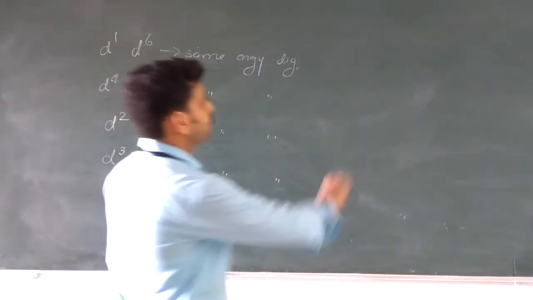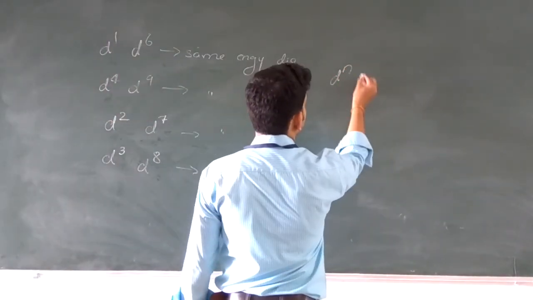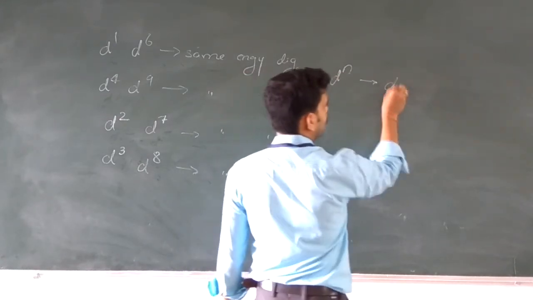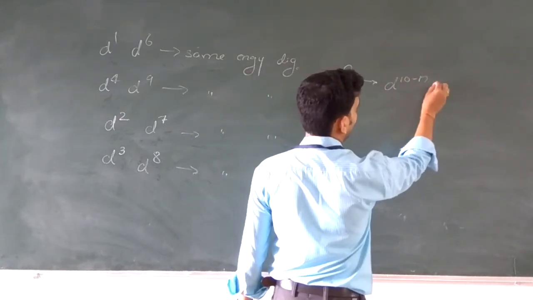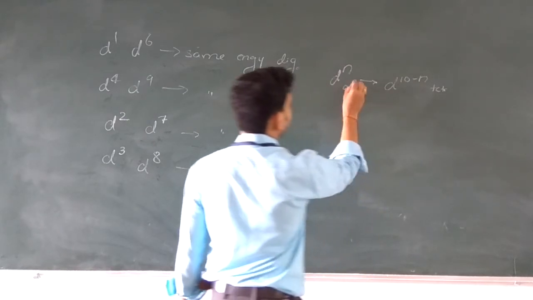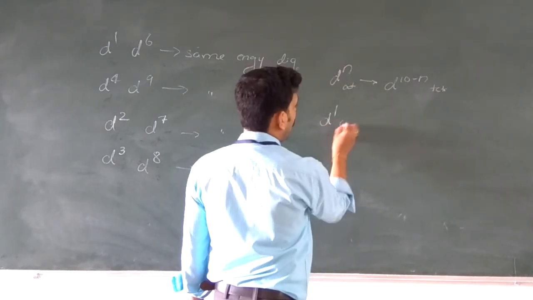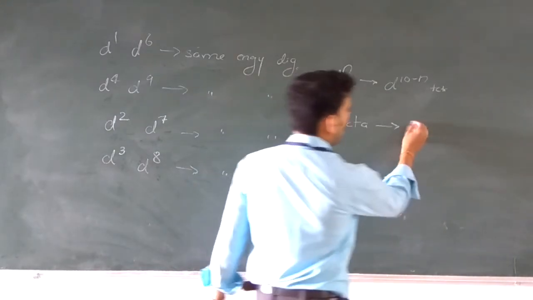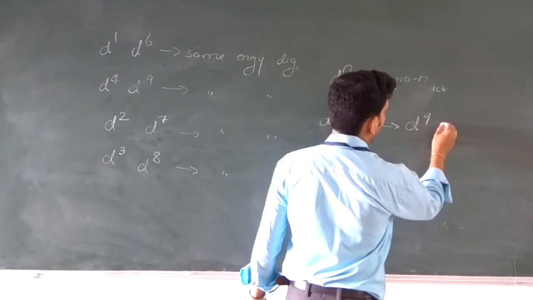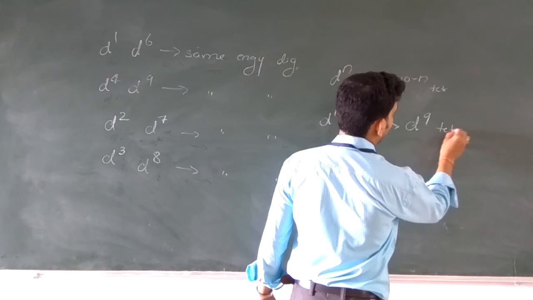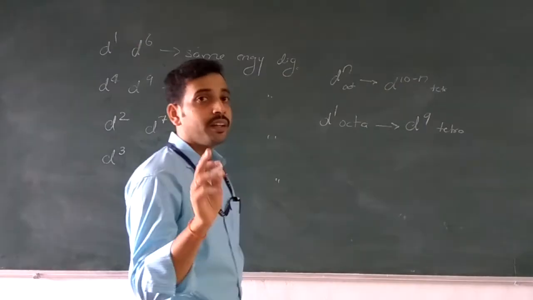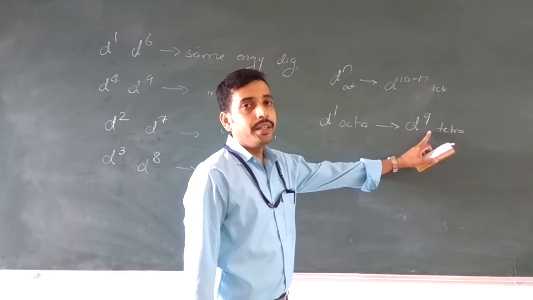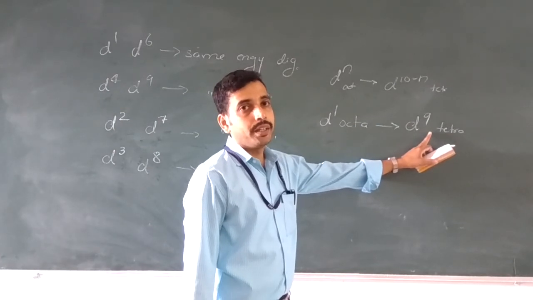Next formula, Dn of octahedral has the same energy diagram as D10 minus n of tetrahedral geometry. Here D1 of octahedral geometry has the same energy diagram as the D9 system of tetrahedral geometry.